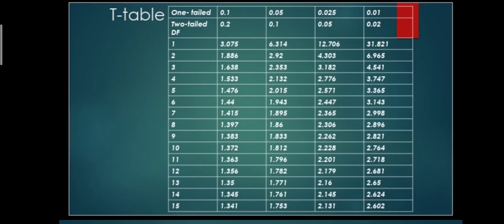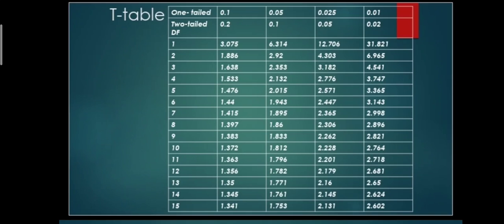After getting this t value, you will have to see the degree of freedom. The degree of freedom will be n minus 1, that is 10 minus 1, which is 9. At 9 degrees of freedom, see this is the t table.